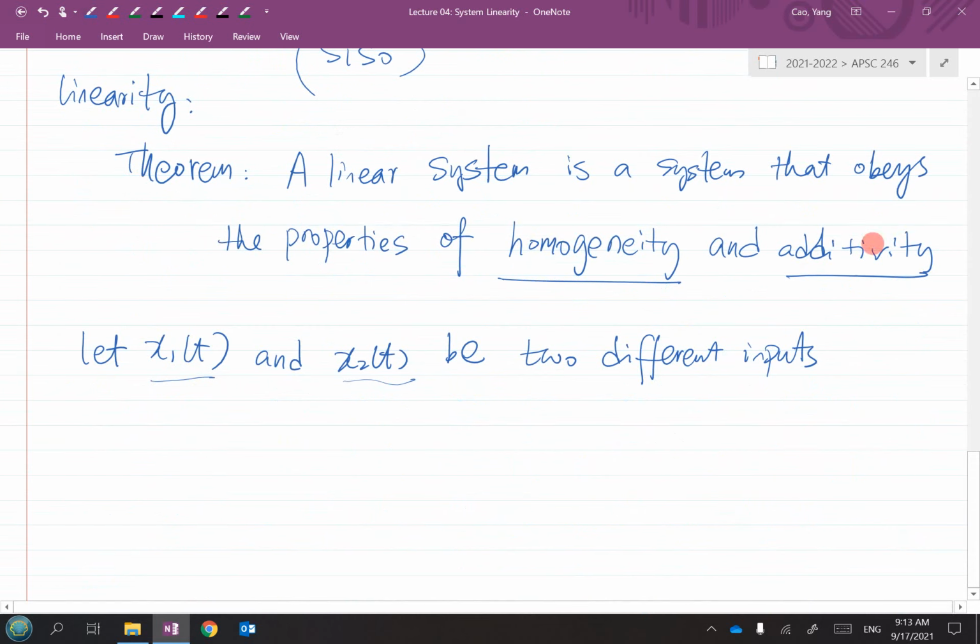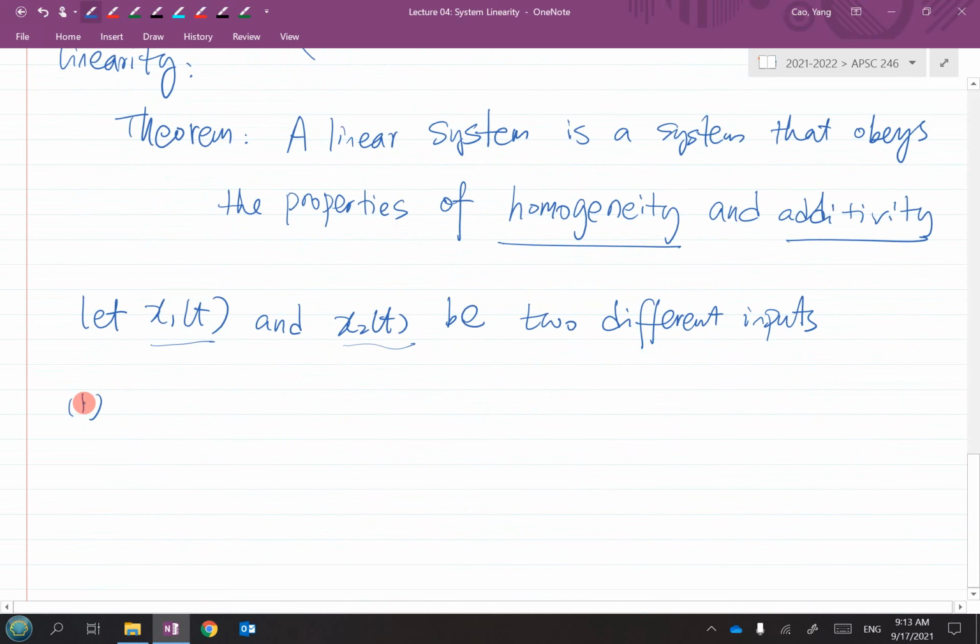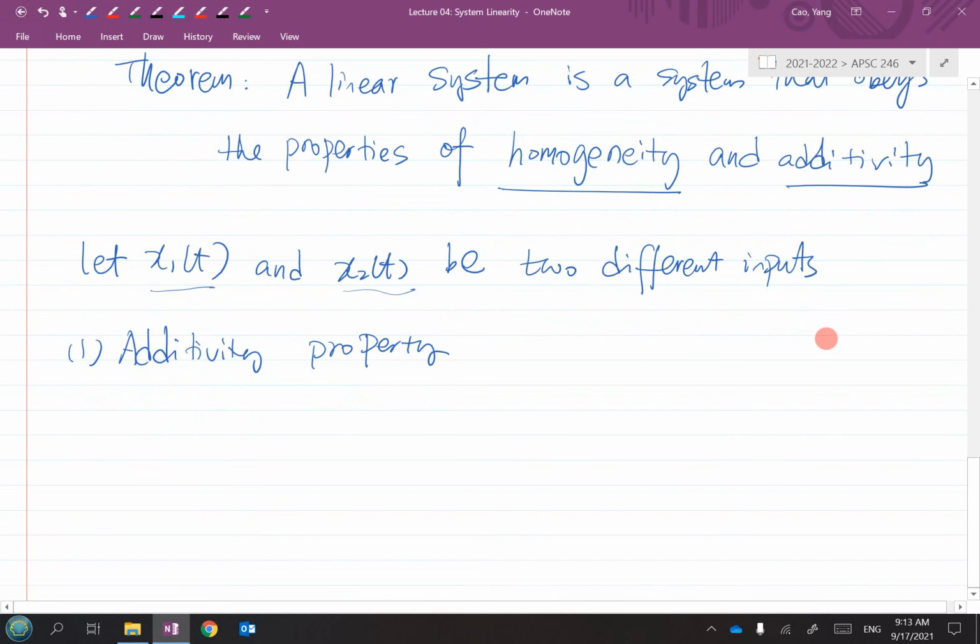So now let's look at the first property, the so-called additivity property. Before I give you the meaning of the additivity property here, based on the inputs, we could write down some information first.